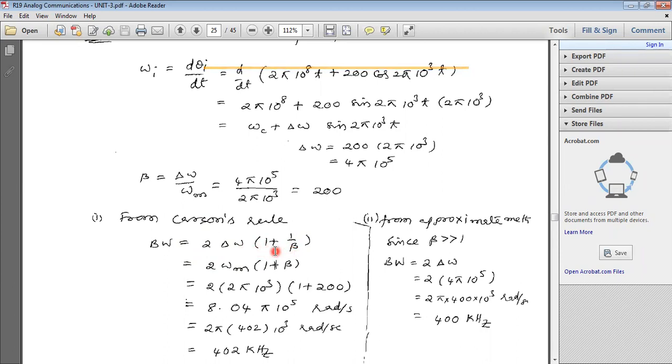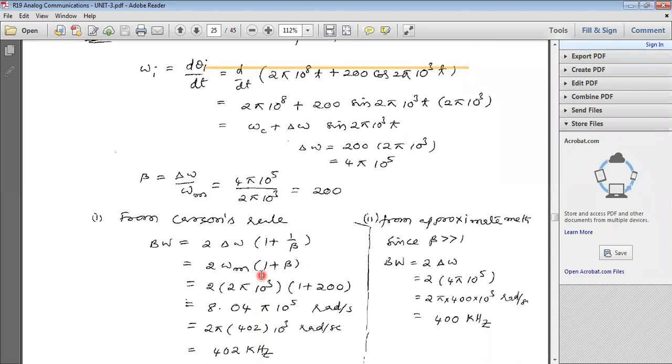In the previous class we already did the analysis. Bandwidth is equal to 2 delta omega into 1 plus 1 by beta. This rule is also called Carson's rule. Now you substitute delta omega and beta. Otherwise you write it in the form of omega m.